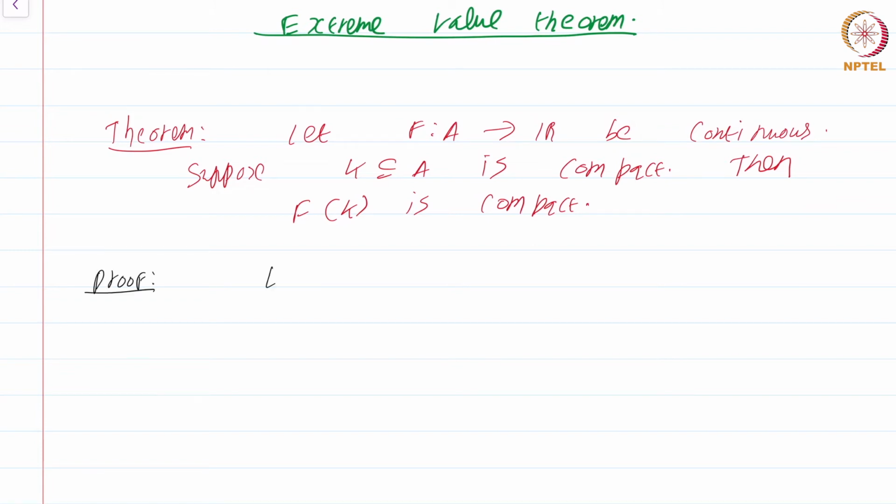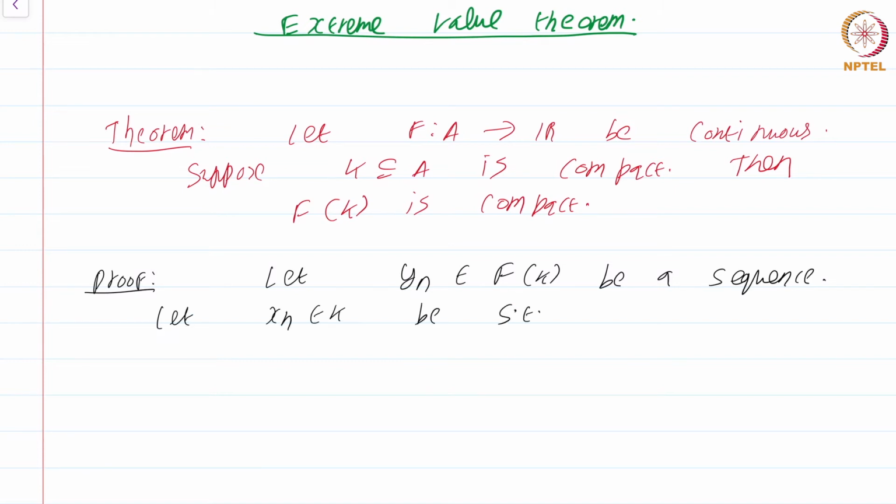Let y_n in f(K) be a sequence. Let x_n in K be such that f of x_n is equal to y_n. For each y_n, there will be at least one such x_n simply because y_n is there in the image of K under f.